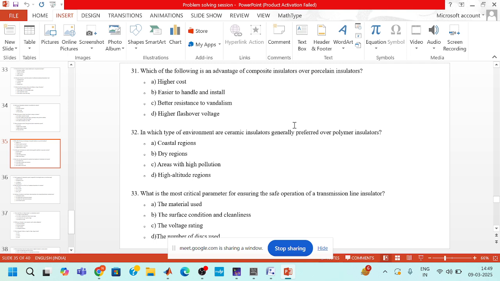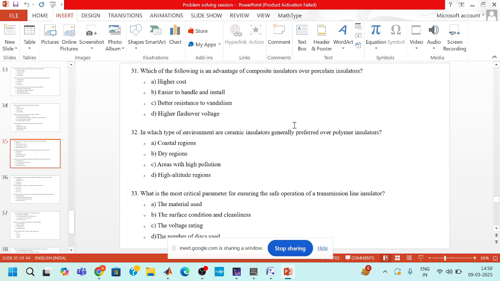Now the next question is, in which type of environment are ceramic insulators generally preferred over polymer insulators? Options are coastal regions, dry regions, areas with high pollution, and high altitude regions. Ceramic for dry regions, madam.